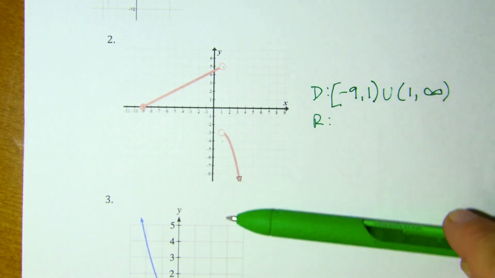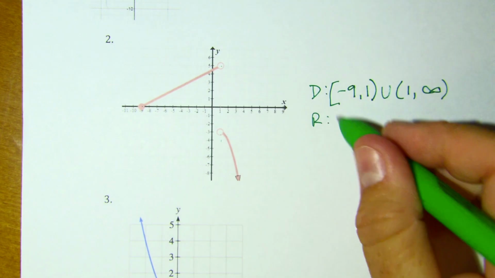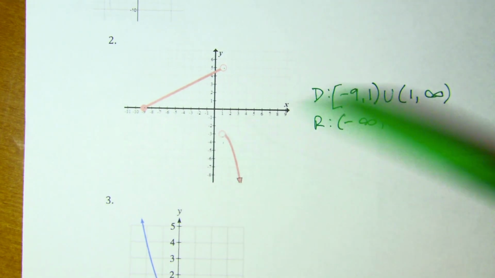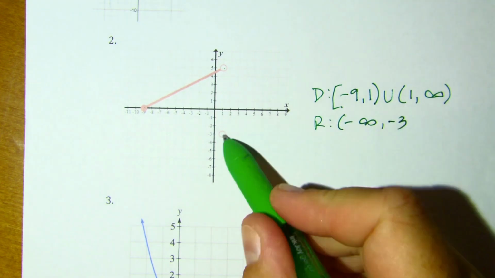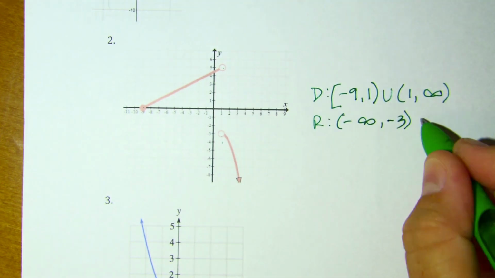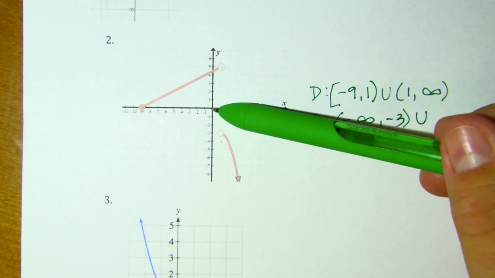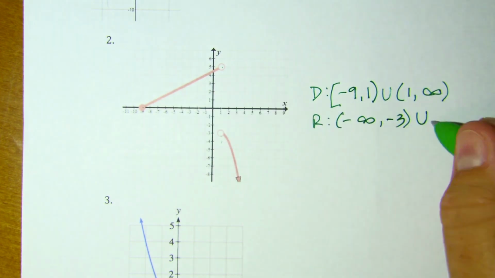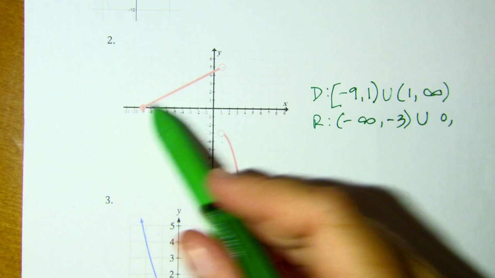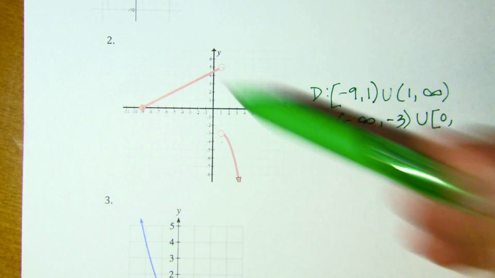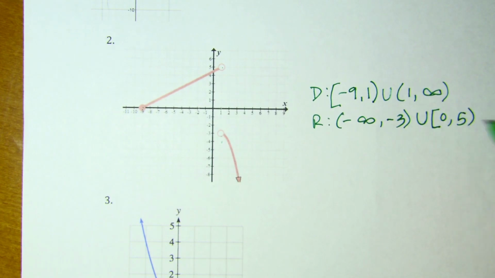So going from least to greatest, we're coming from negative infinity all the way until negative 3. It's an open dot there, so we'll use a parenthesis on negative 3. And then there are no y values all the way until we get to 0. So then we have 0, and that'll be a bracket because it has a closed dot, all the way until 5. And that'll be a parenthesis because it has an open dot.